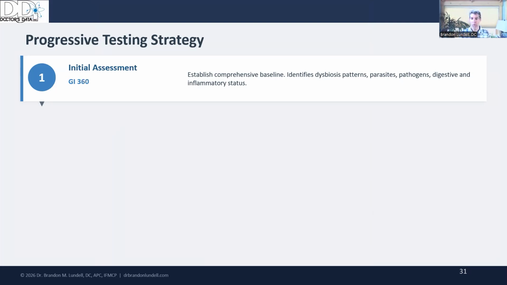And so you want to get all of the components in the GI 360, even if they've done another test from another company. Also, there are differences in methodology that, in my opinion, and many other opinions out there, the Doctor's Data GI 360 uses the more gold standard technology like the MALDI-TOF culture. There's really no other company out there that's doing the gold standard like that.